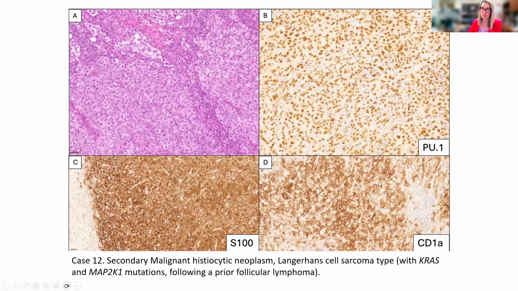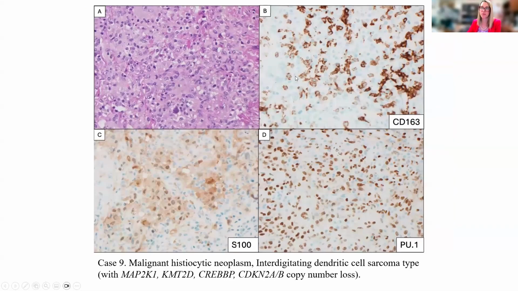This was a case of a malignant histiocytic neoplasm occurring after a follicular lymphoma with that Langerhans cell sarcoma type. Langerhans was also positive. And to highlight this Q1, again, nuclear marker, highlighting those malignant larger cells. Another case with the Q1 highlighting the large cells, as well as some background smaller histiocytes that were also positive for CD163. But the interdigitating dendritic cell sarcoma type can be one of the more challenging ones.